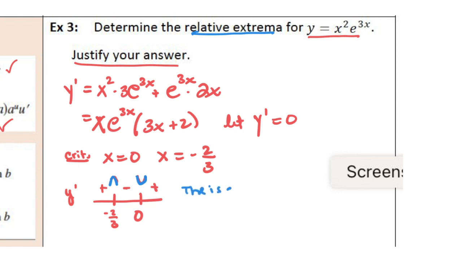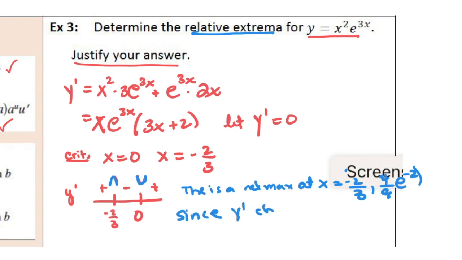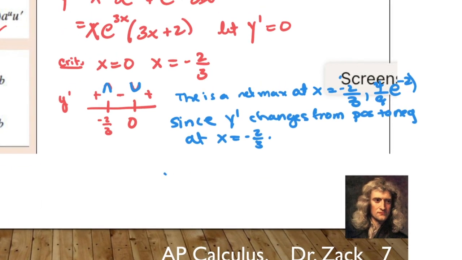There is a relative max at x equals negative 2/3, comma 4/9 e to the negative 2, since y prime changes from positive to negative at x equals negative 2/3. We're going to make a similar statement.